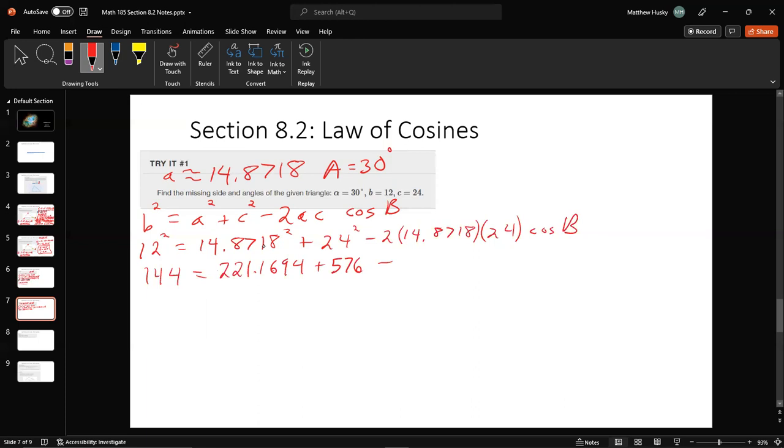You get 713.8447 cosine of B. Let's see here. We're going to add those up. 576 plus 221 and some change. So you take that, add 576. That's 797.1694.